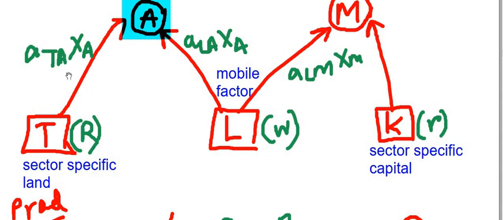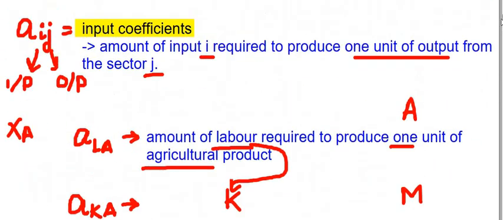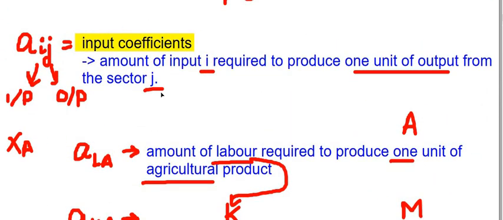Recall that ATA can be defined based on the definitions of the AIJ input coefficients that I had considered. ATA would be the amount of land required to produce 1 unit of output in the agricultural sector.